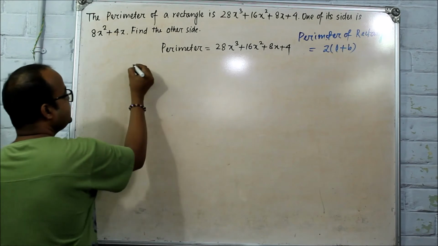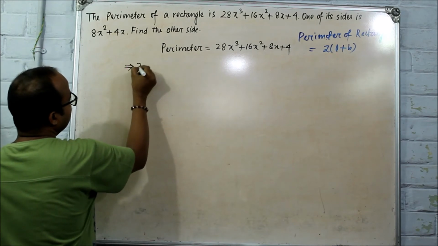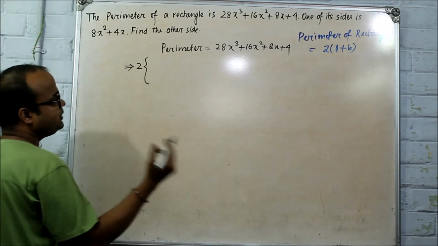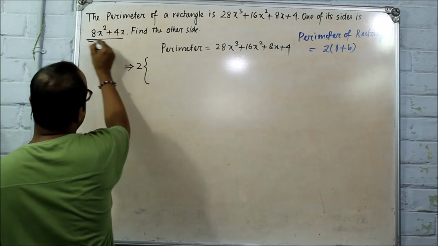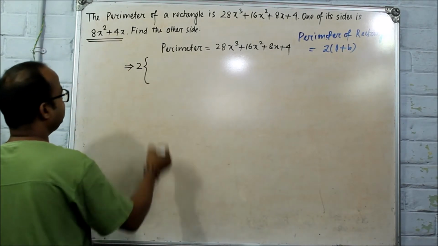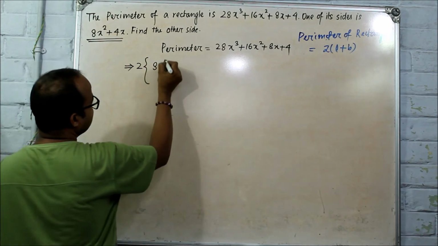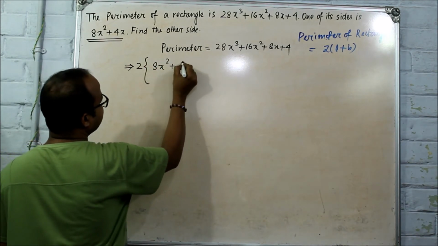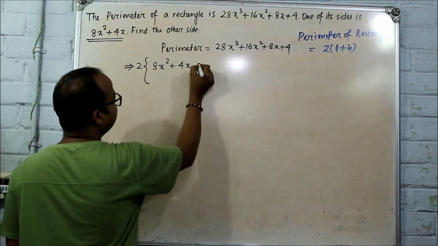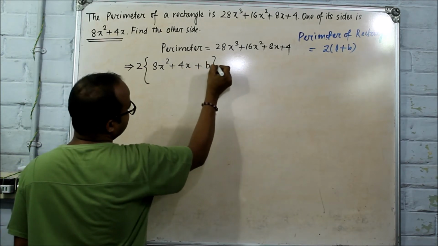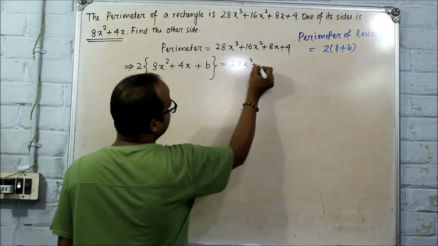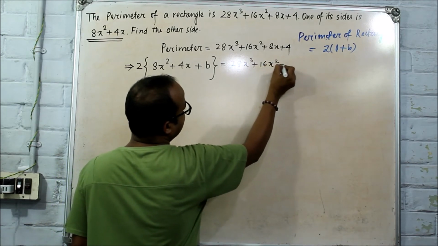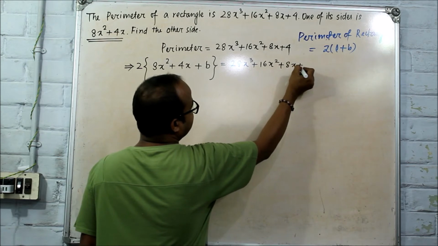Now perimeter is equal to 2 into length plus breadth. So one of its sides is given as 8x square plus 4x. So suppose length is given as 8x square plus 4x and breadth we assume as b, and perimeter is equal to 28x cube plus 16x square plus 8x plus 4.